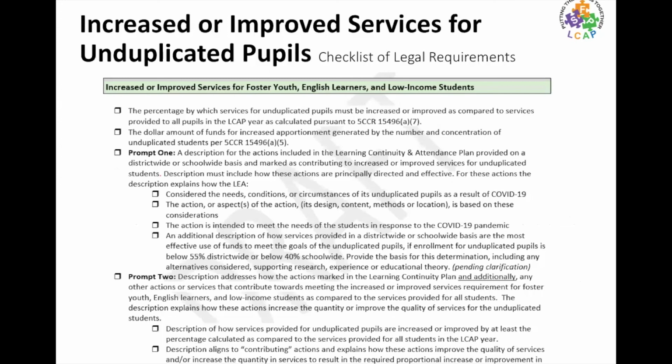On this slide, we see a screenshot of the checklist for legal requirements.